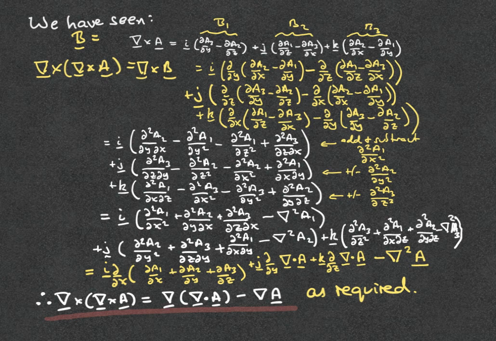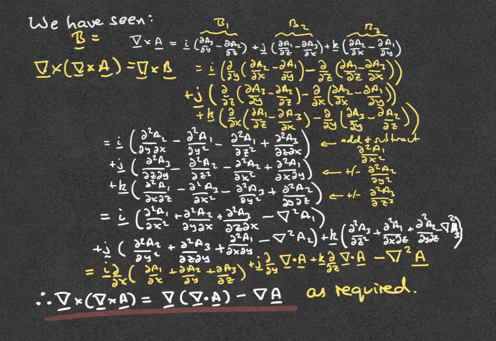And what we see when we do that is that we are left with the divergence. So this derivative with respect to x is acting upon the divergence of A. And the same thing is happening here.